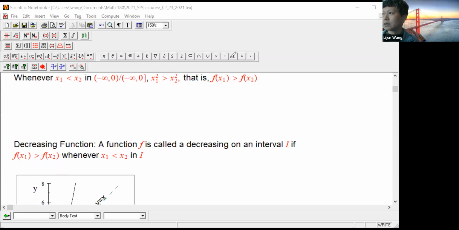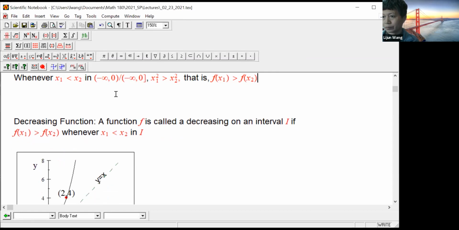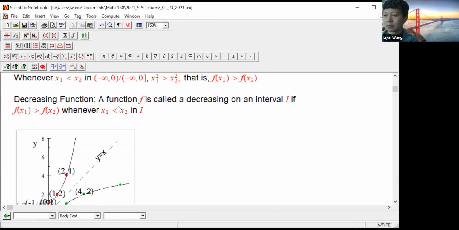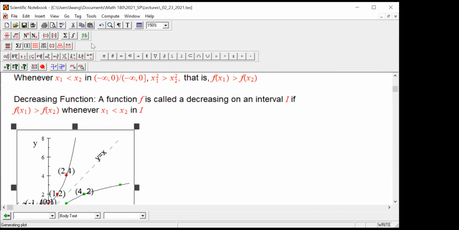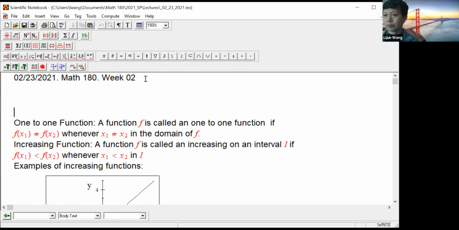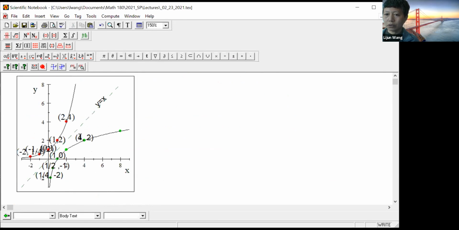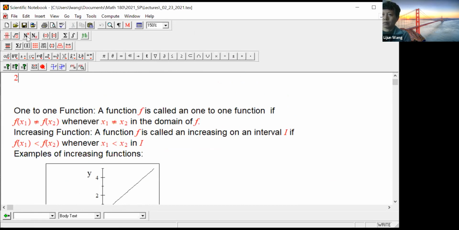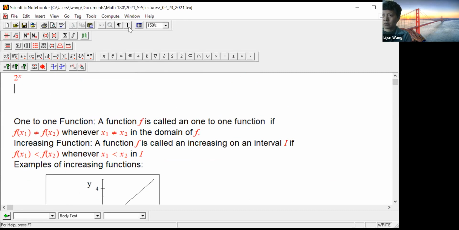Okay, next, come back to our function 2 to the power x. We have two functions: one is 2 to the power x, and the other one is log base 2 of x.